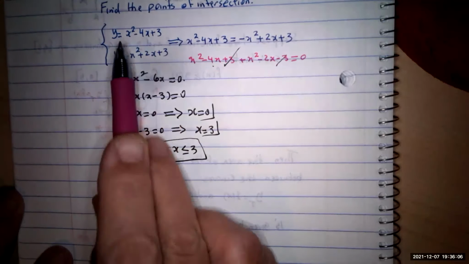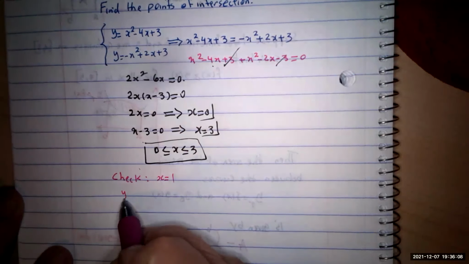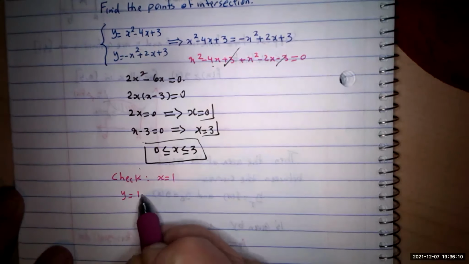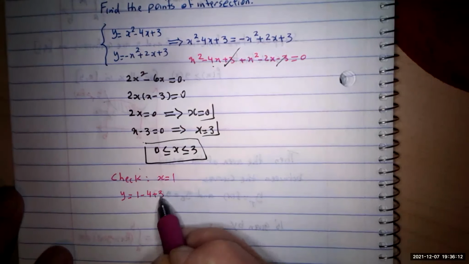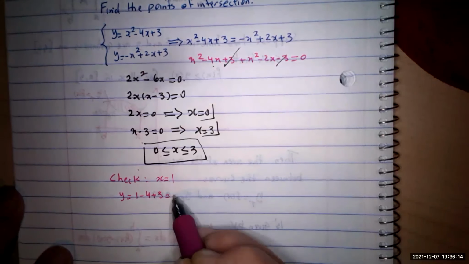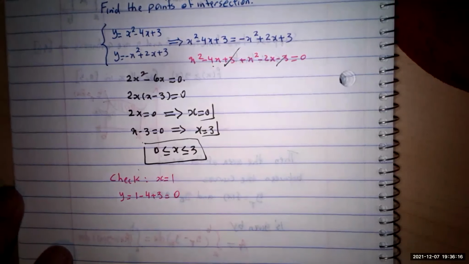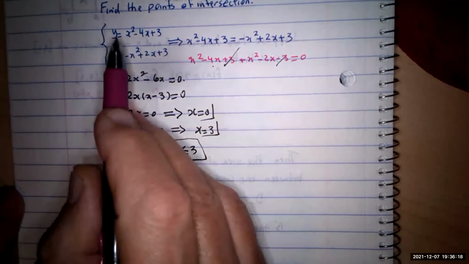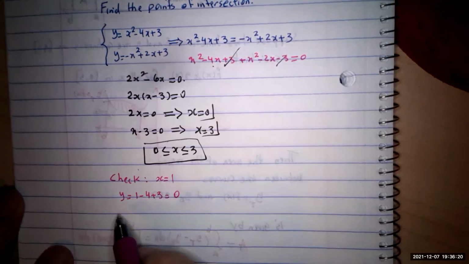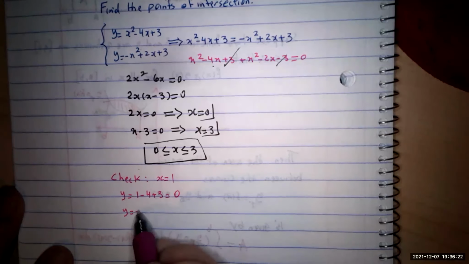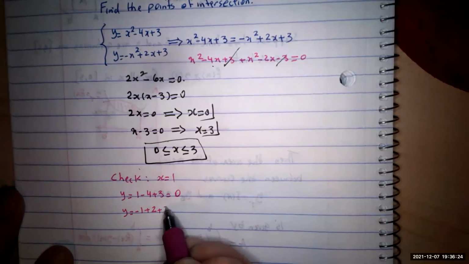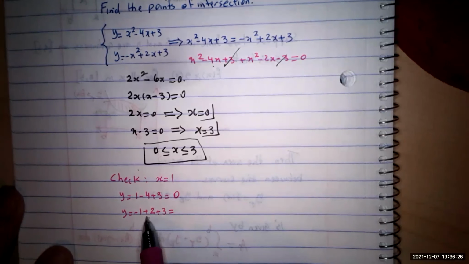If you put x equal to 1, your y would be 1 minus 4 plus 3, which is equal to 0. And if you put it in the second one, that gives y equal to negative 1 plus 2 plus 3, which is 4.